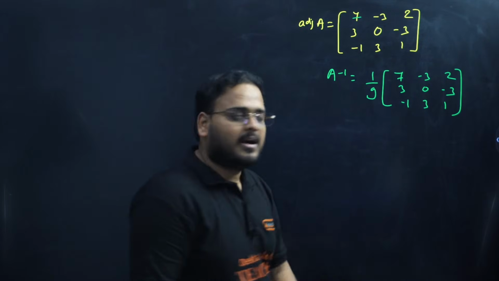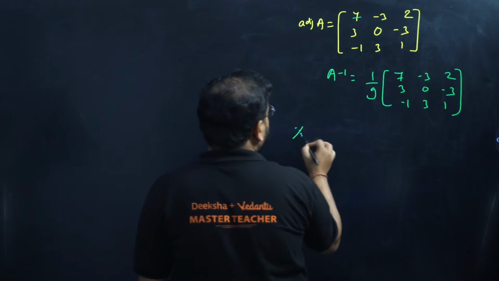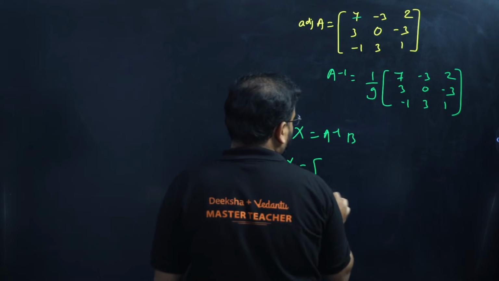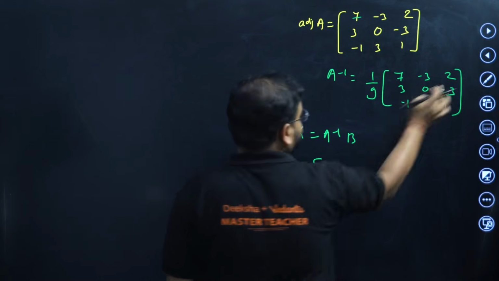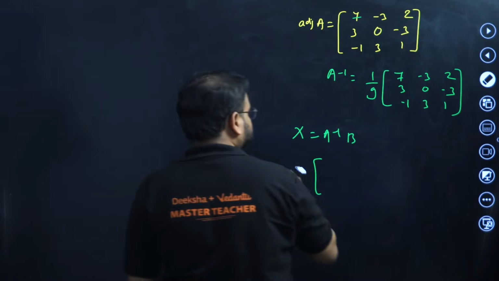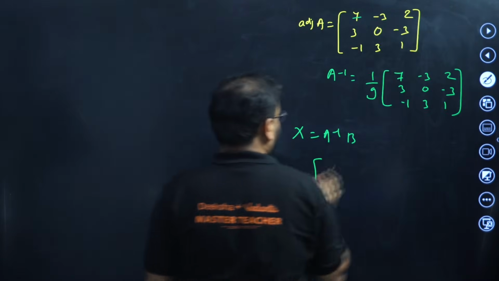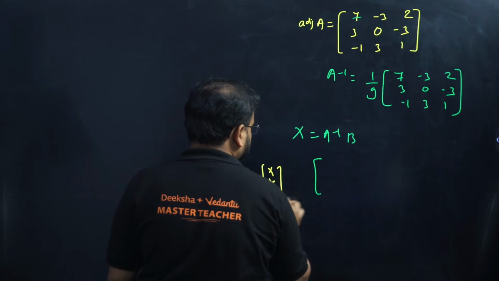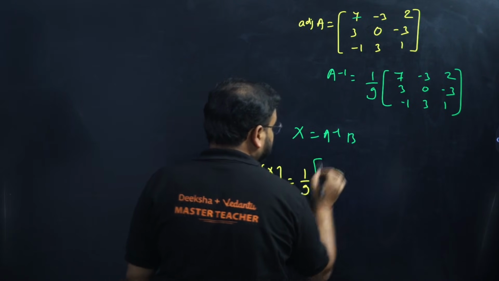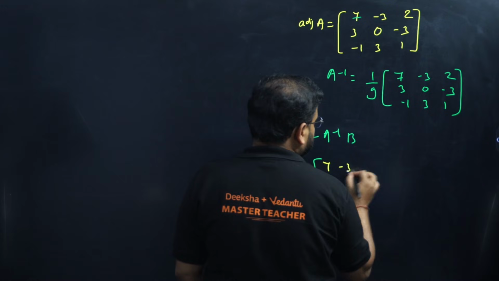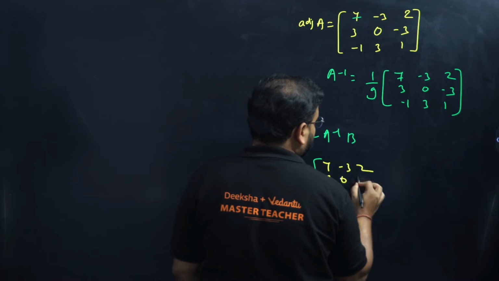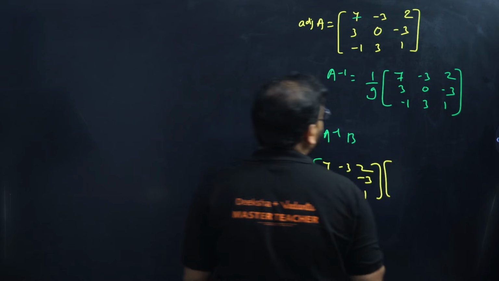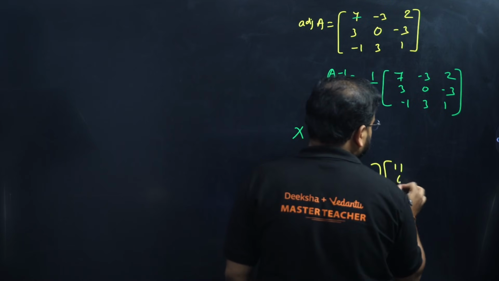Now we are looking for x, so we need A inverse B, so that x equals A inverse B. So x, y and z equals 1 by 9, and here you put 7, minus 3 and 2, 3, 0 and minus 3, minus 1, 3 and 1 with the matrix B. B was 6, 11, 0.